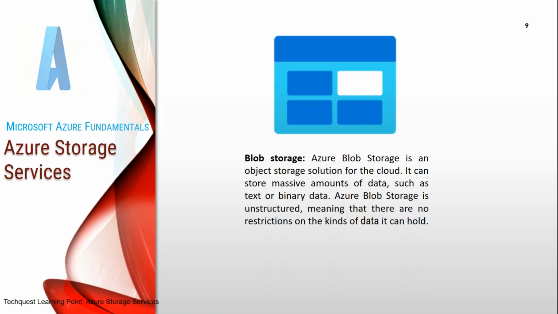Objects in blob storage can be accessed from anywhere in the world via HTTP or HTTPS. Users or client applications can access Blob via URLs, the Azure Storage REST API, Azure PowerShell, Azure CLI, or an Azure Storage Client library.